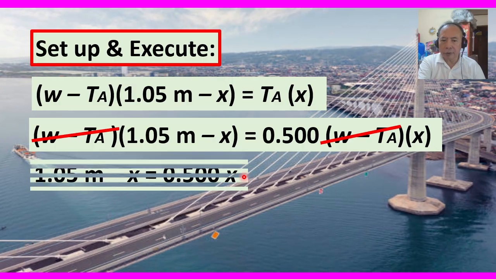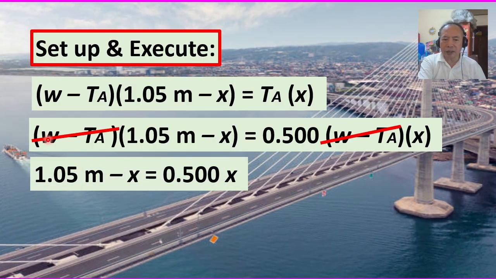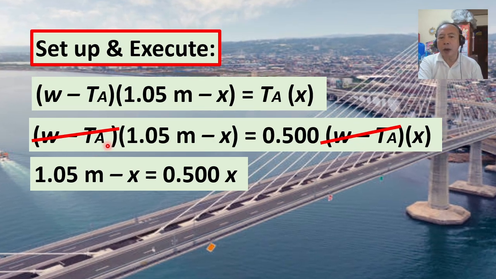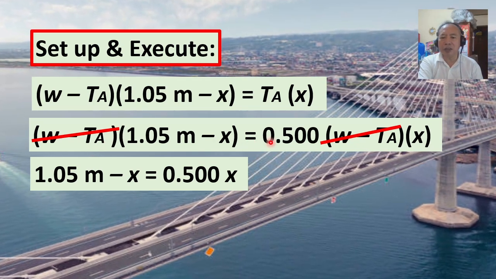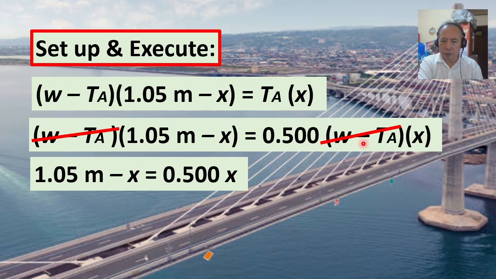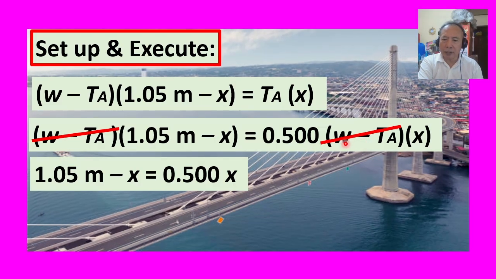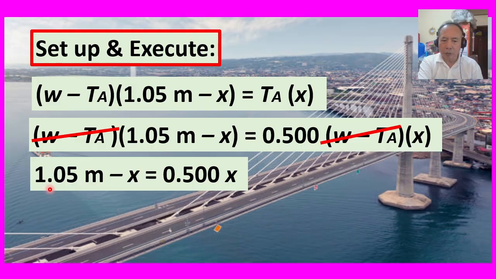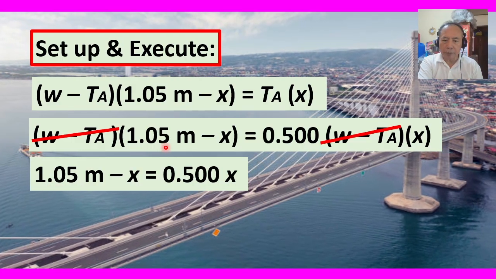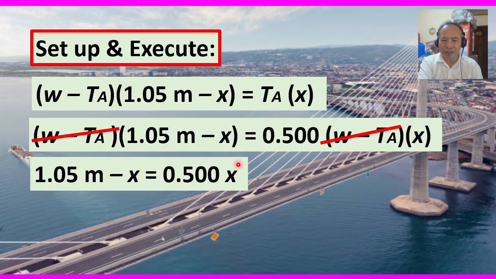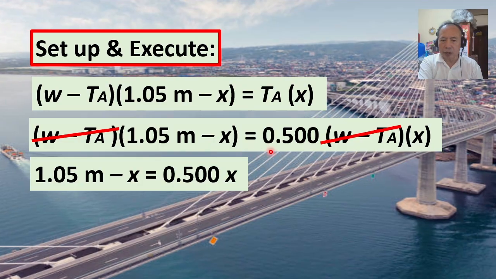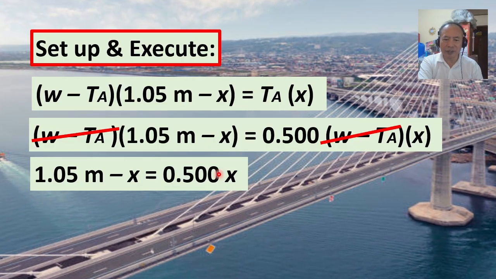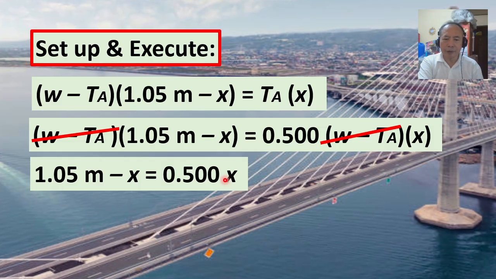Notice that W minus T sub A appears in both sides of the equation. So we might as well cancel it out, leaving behind 1.05 meter minus x equals 0.500x.